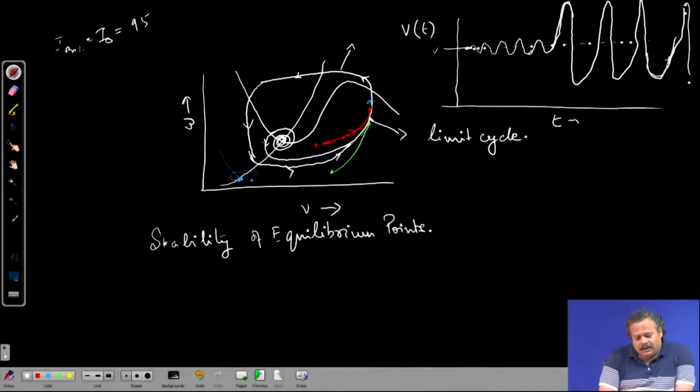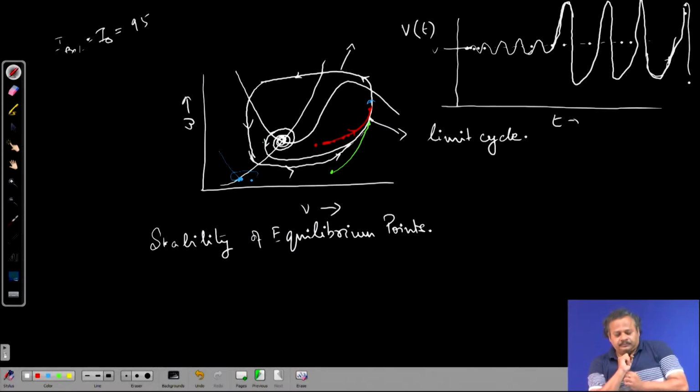We can determine the stability of the equilibrium point by linearizing the system close to the equilibrium point. In other words, if we consider the entire system and then look at a very small neighborhood around the equilibrium point in the phase plane, then we can change the system of differential equations, the dv/dt and dw/dt, into linear functions.